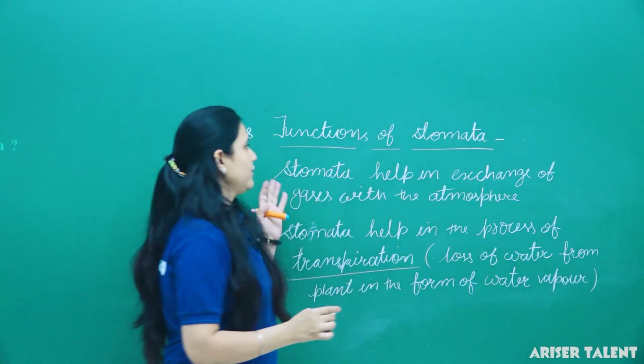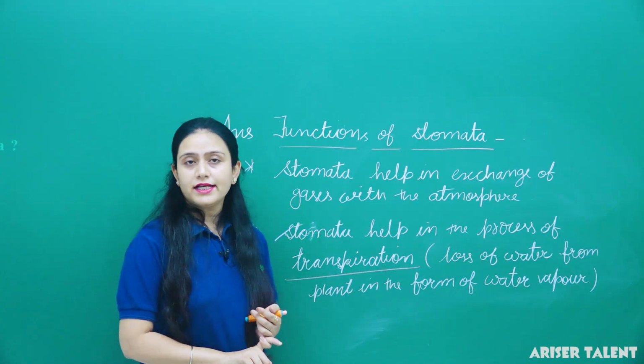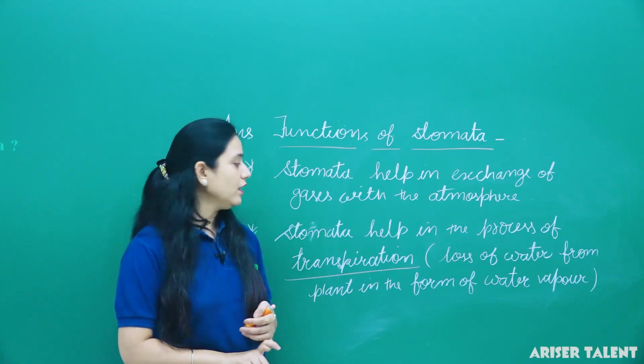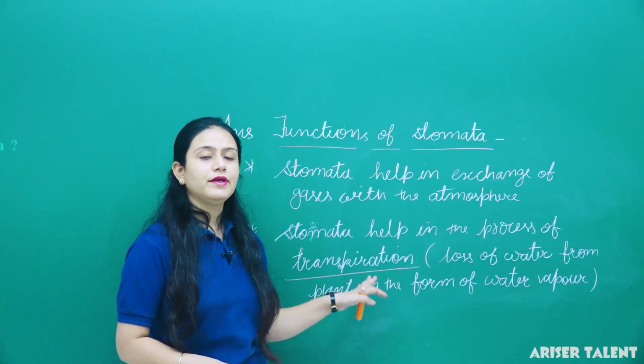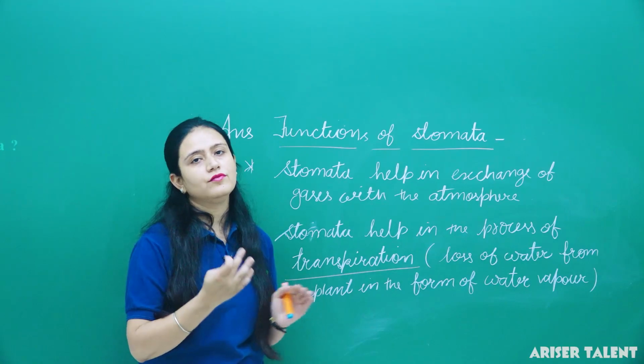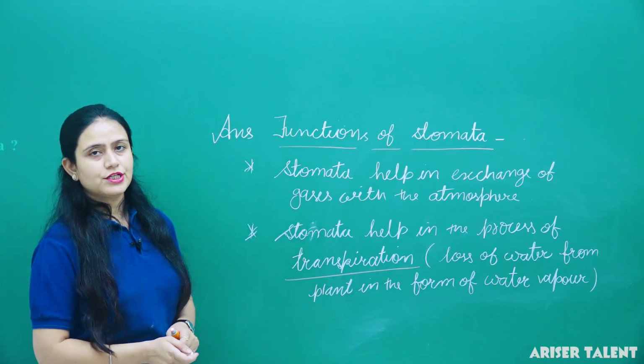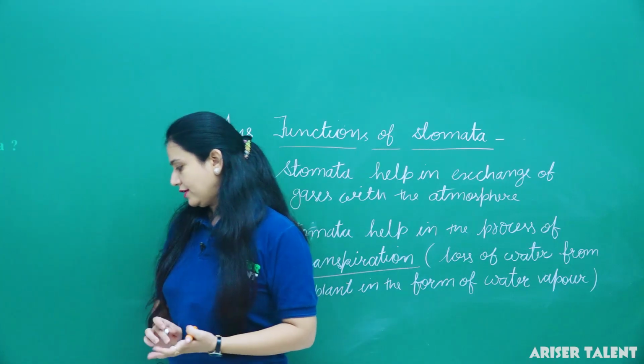Okay, so thus we can say function of stomata are, first of all, they help in the exchange of gases with the atmosphere, and another thing is they help in the process of transpiration, means loss of water from the plant in the form of water vapor. Clear? So these are the function of stomata.